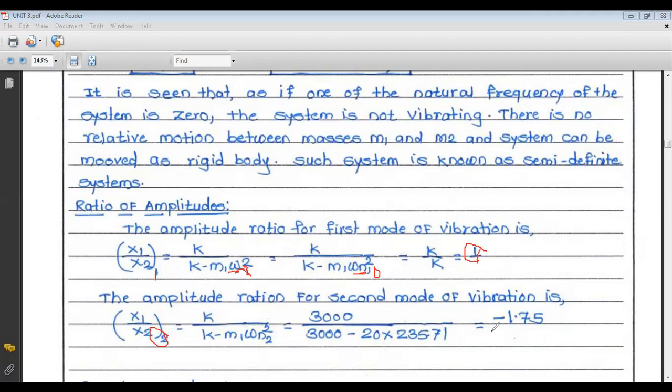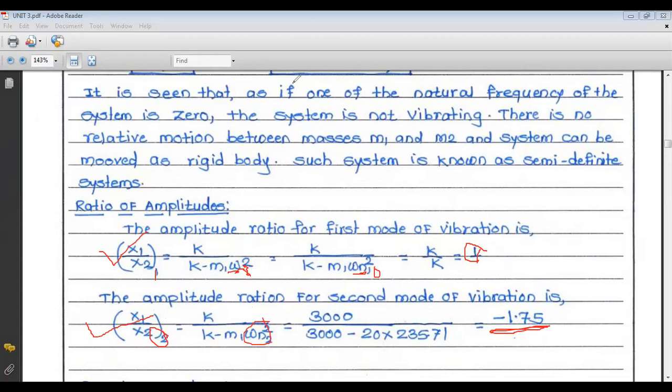So that becomes minus 1.75. So these are the ratios of amplitudes for the two natural frequencies. The first ratio of amplitude for the first frequency is 1, and the second ratio of amplitude, x1 upon x2, is minus 1.75 for the second natural frequency.